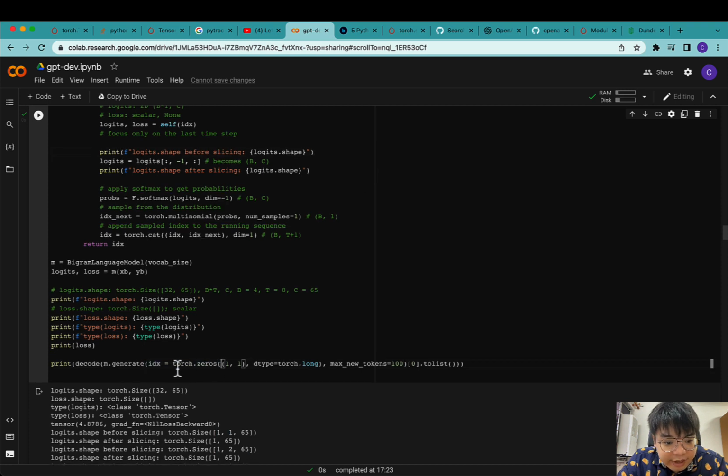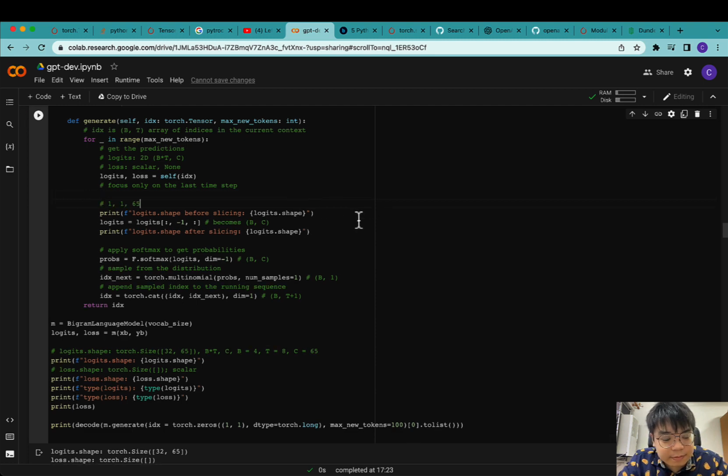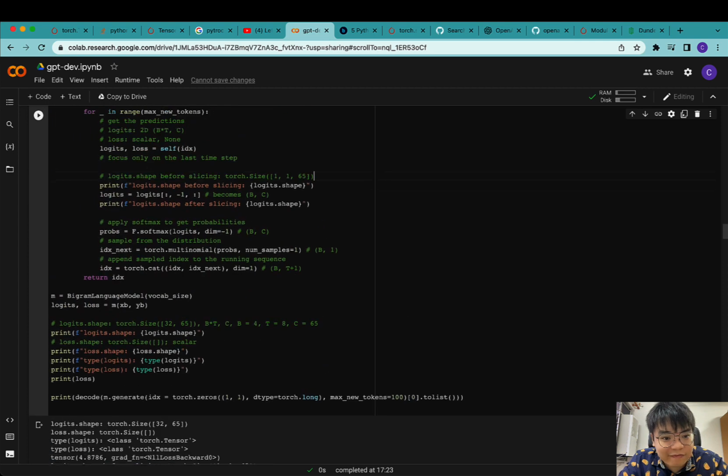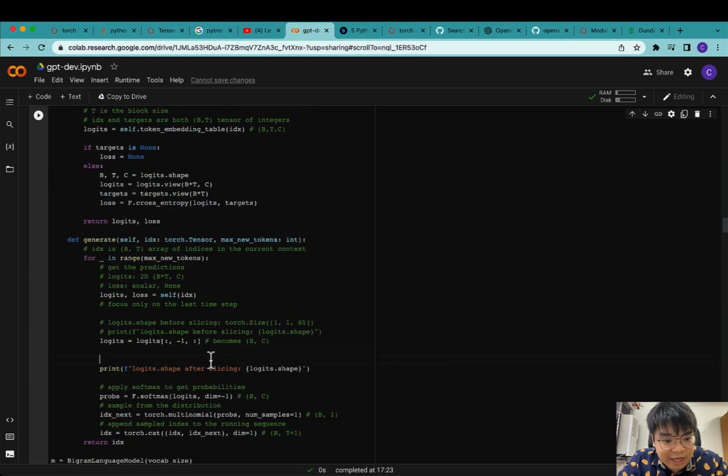Okay, in this case, generate gives a torch tensor of 2 dimensions, but it's a 2D array that only contains really one item. So you are passing in, okay, sure. And before slicing it was 1, 1, 65, and after slicing it was 1, 65.